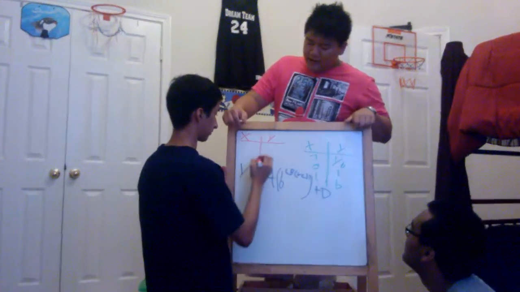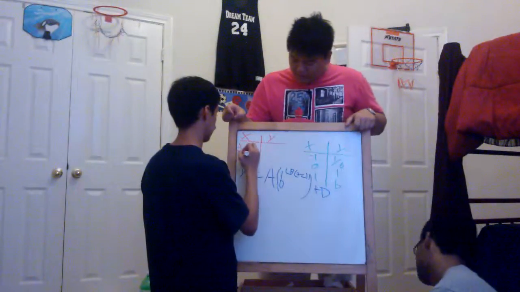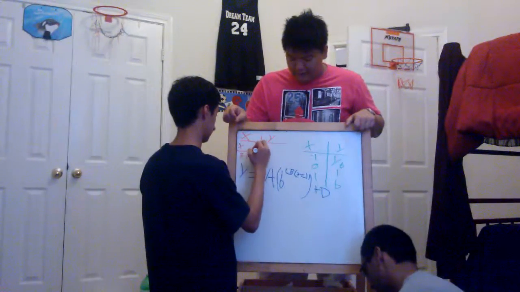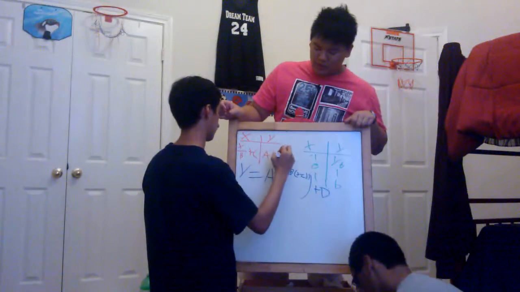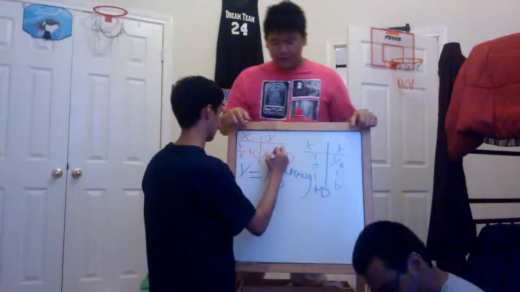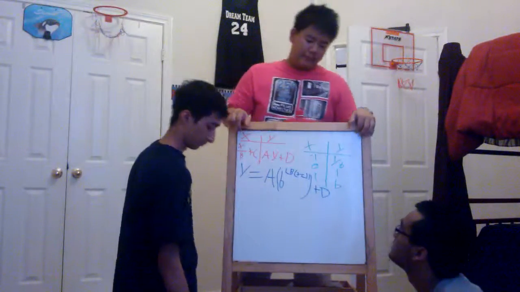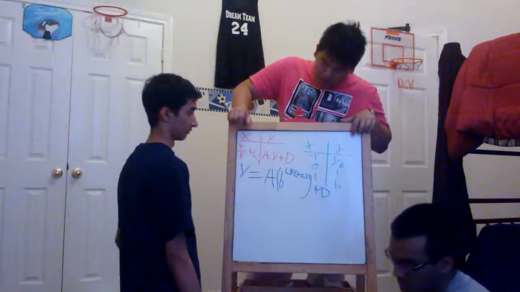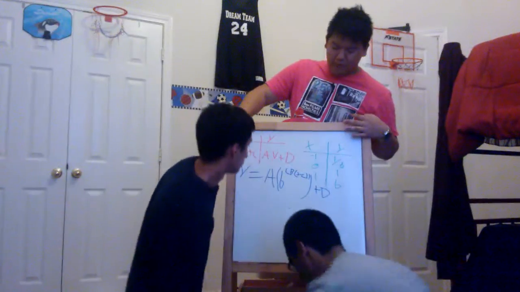To calculate the x value in the transformation, you're going to do x over B plus C. And for the y value, you're going to do A times y plus D. And that's how you get the points on the transformation graph. And to do that, we have an example to show you guys how we can do that.